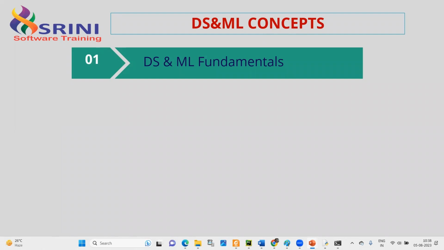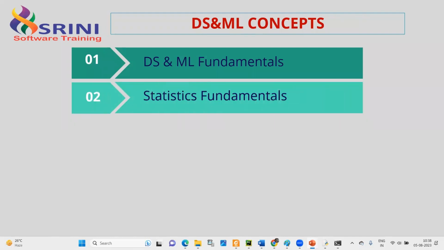Clear? So as part of data science and machine learning, I have shared the course content, I think. Let's go through that. You can get the course in detail, what I'm going to talk about. If you want to do data science or learn machine learning, you should have at least 15 to 20% knowledge of statistics.